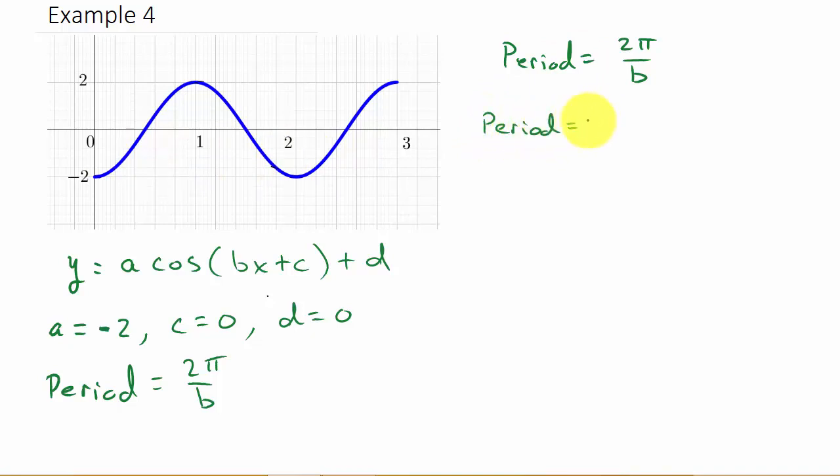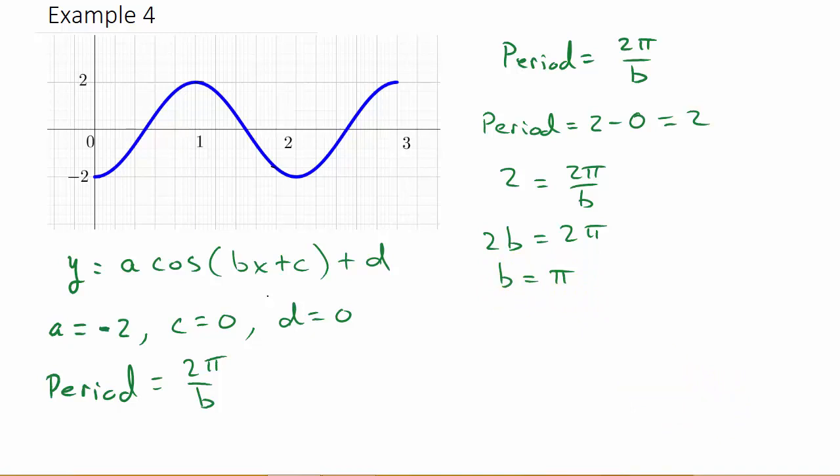The length of it is going to be from 0 to 2, or we could say the largest value minus the smallest value, and that equals 2. So we replace the period with 2. I get 2 equals 2 pi over b. Solve for b: 2b is equal to 2 pi, so b is equal to pi.